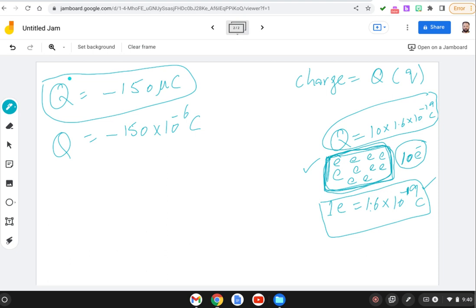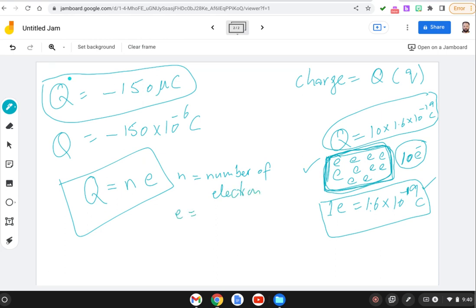So we can make a formula now. Total charge is equal to number of electrons represented by small n and charge on electron. Q is equal to Ne. N is number of electron and e is charge on electron. And capital Q is total charge.